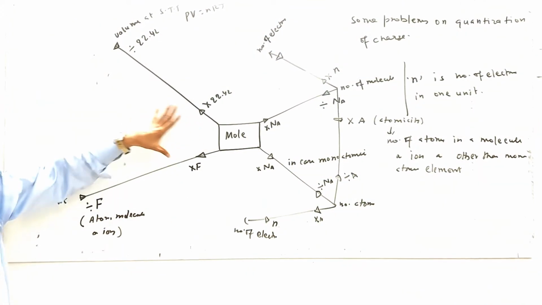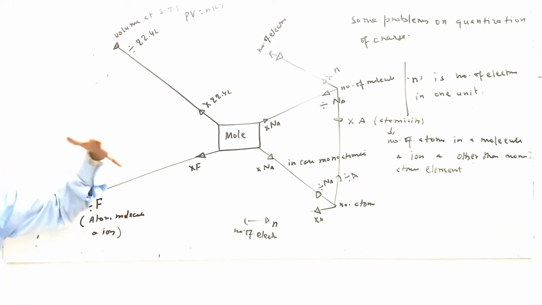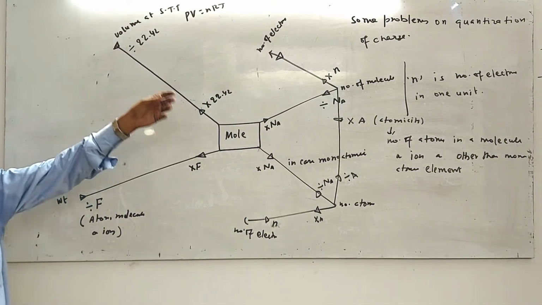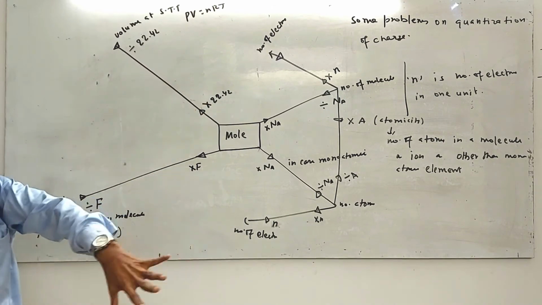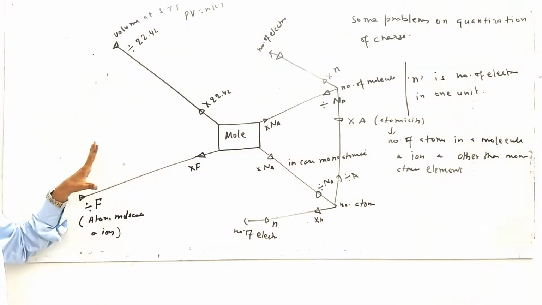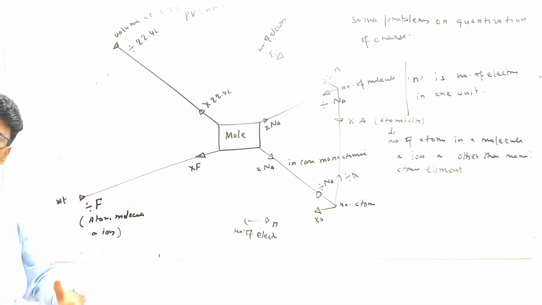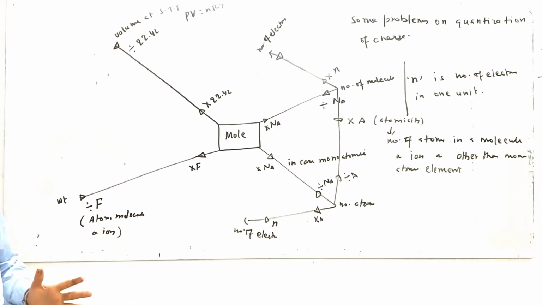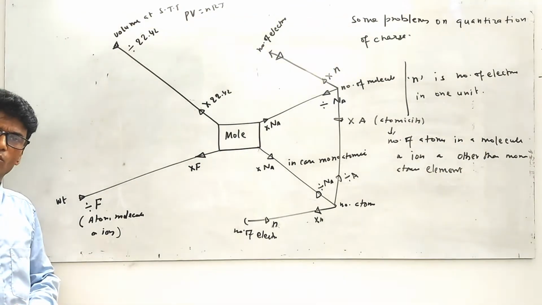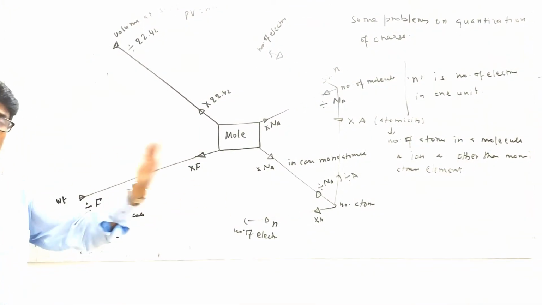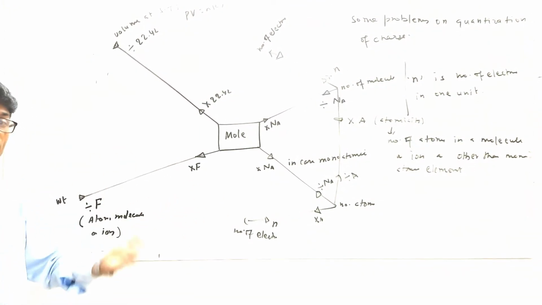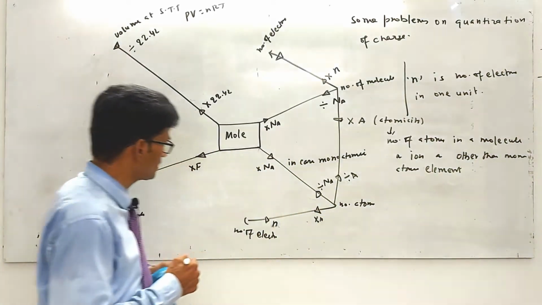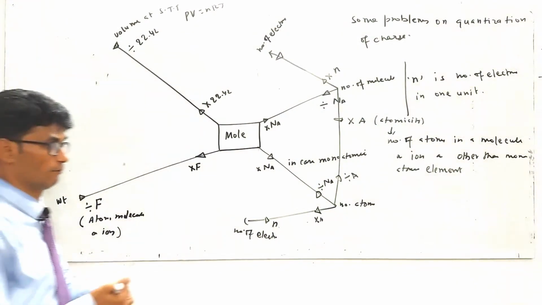To understand this chart, let us take an example of quantization. We have taken a very simple problem elaborately so that we first understand the aspects, and then no problem will be left that you cannot solve. Look here, I have taken it without erasing the chart. I will write a problem for you.